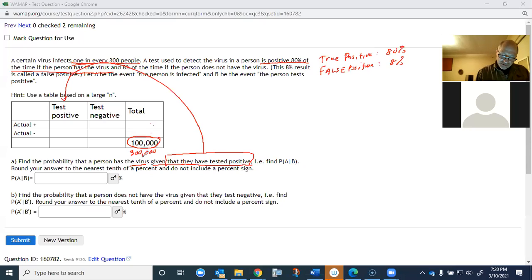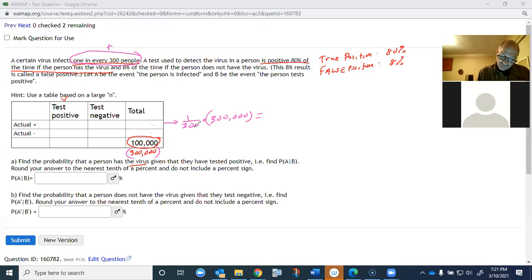So let's talk about how you're going to fill these in now. You start out with the fact that 1 in every 300 people are positive, right? So that's going to tell us what the total is. 1 in every 300, so that's the fraction, and we multiply that by 300,000.